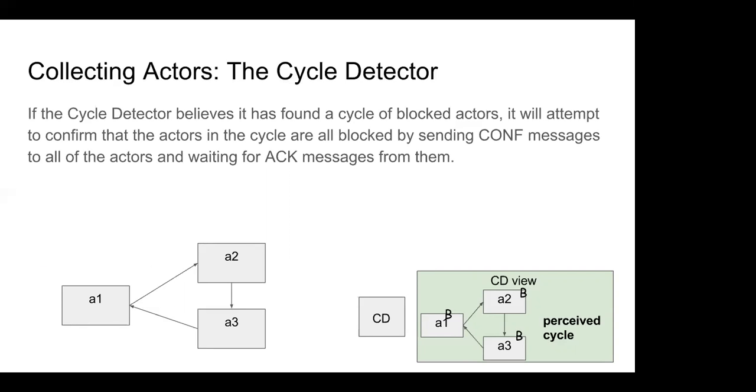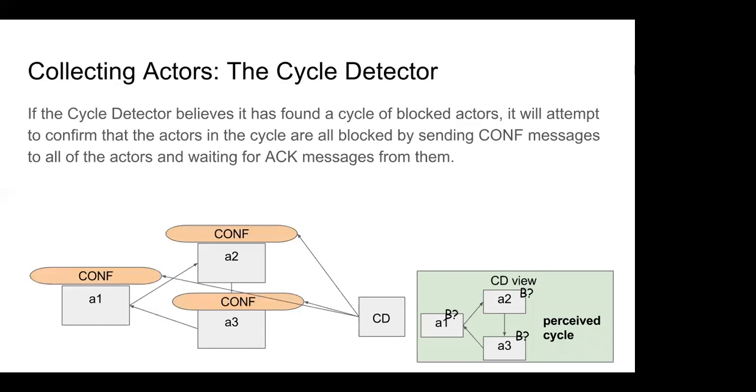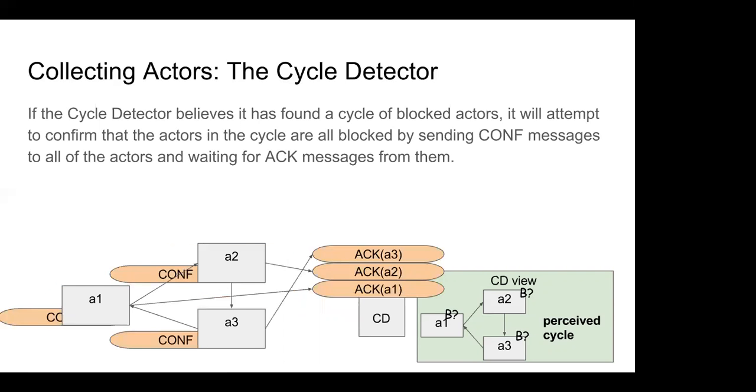So first, let's talk about conf. The cycle detector sends conf messages to all the actors to confirm or not confirm that they are blocked. So in this case, nothing has any other messages. All the actors process that conf message, and they send an ACK back to the cycle detector to let it know that they have received the conf message.